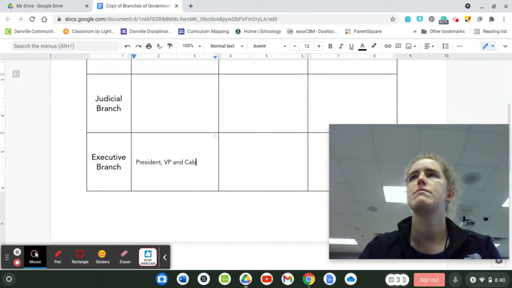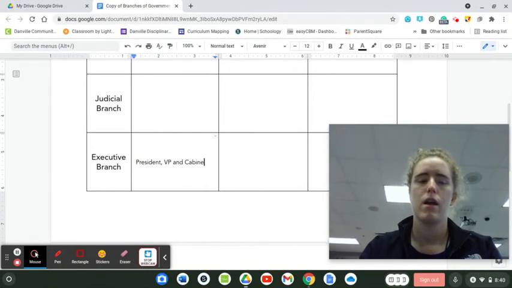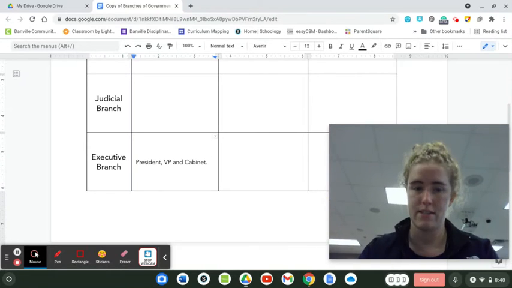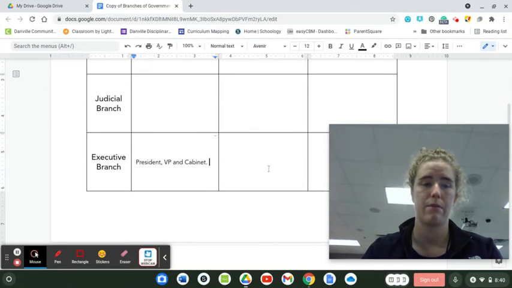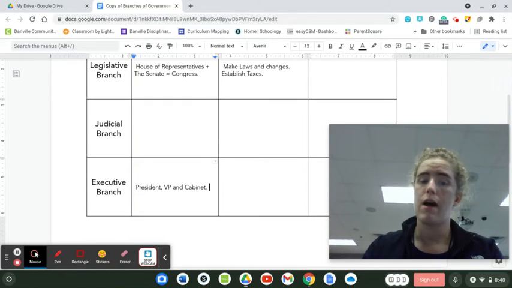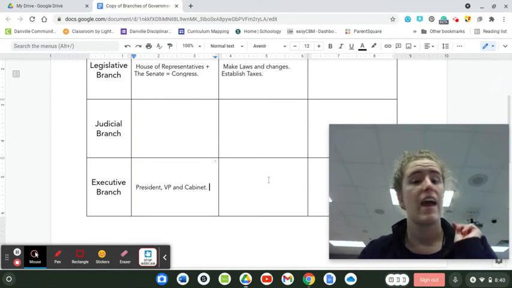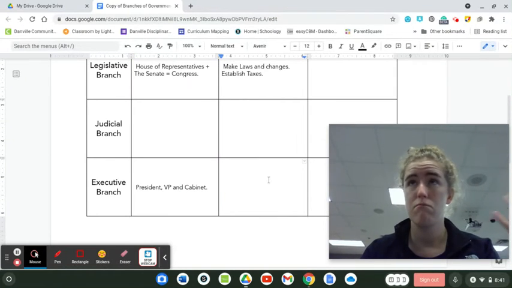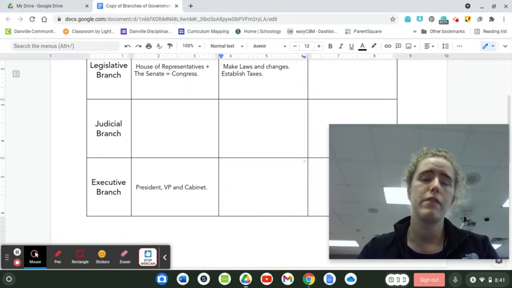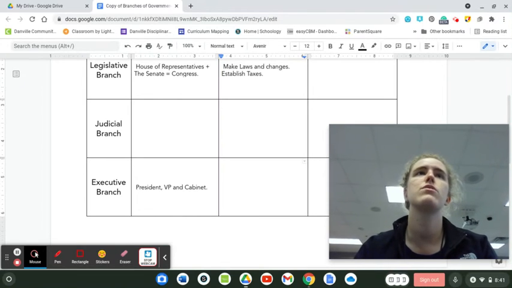The cabinet is made up of people that the president chooses to help him or her make decisions. So that's the president. He is the executive branch, basically by himself with just his VP and cabinet. His job is not to make laws and is not to establish taxes. He can't do any of that, or she. The job of the executive branch is to execute the laws.